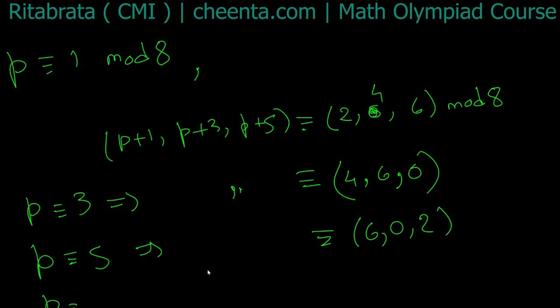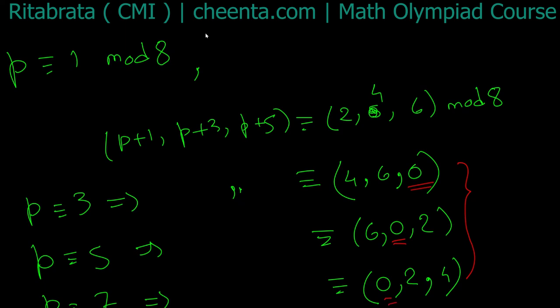And p congruent to 7 implies 7 plus 1 is 8, 7 plus 3 is 10 which means 2, 7 plus 5 is 12 which means 4. So in these 3 cases one of them is divisible by 8 because we have 0 remainder. But the first case gives me a problem.